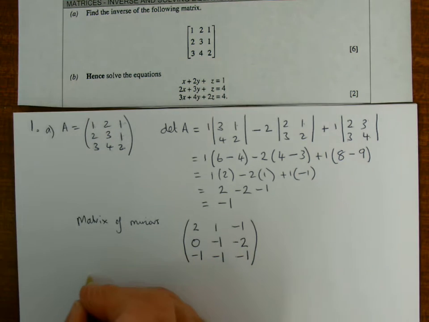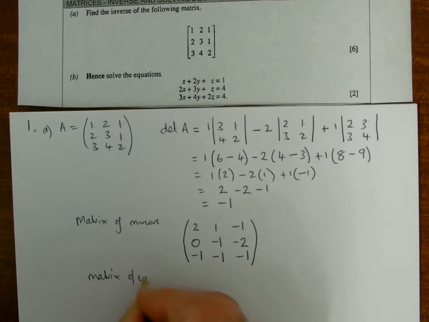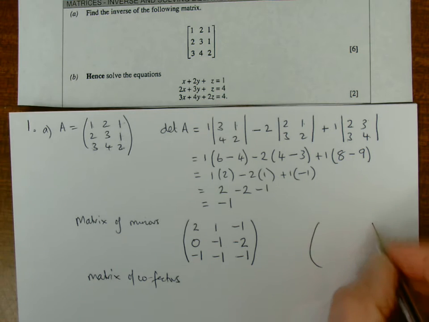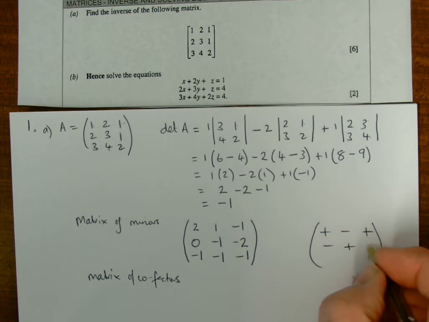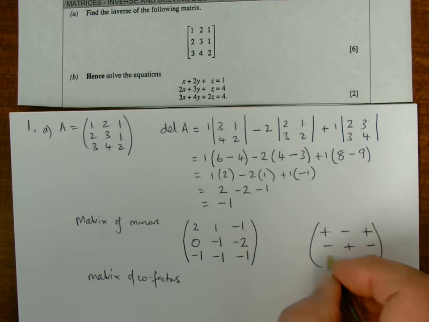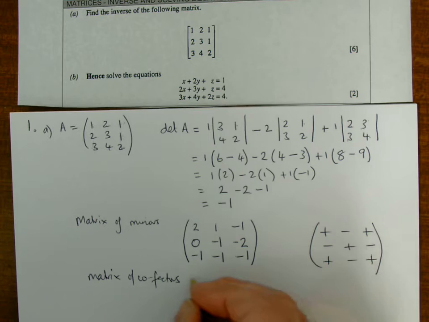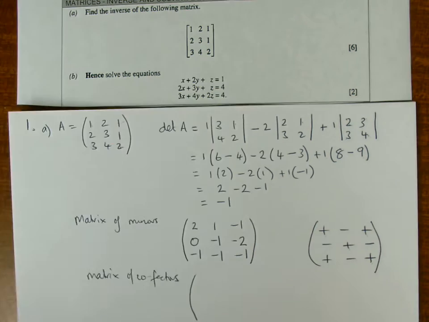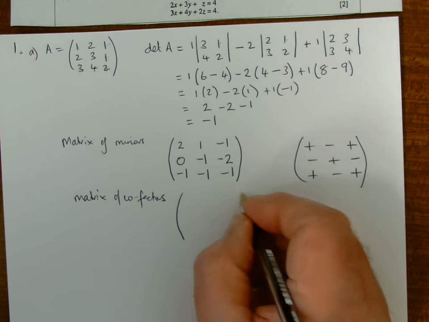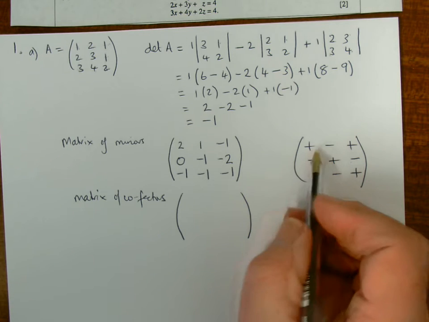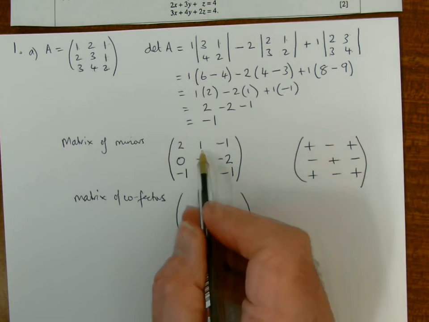Then to find the matrix of cofactors, I impose this matrix of signs on top of those values. I keep the same values, only where I have a minus I change the sign of that entry.